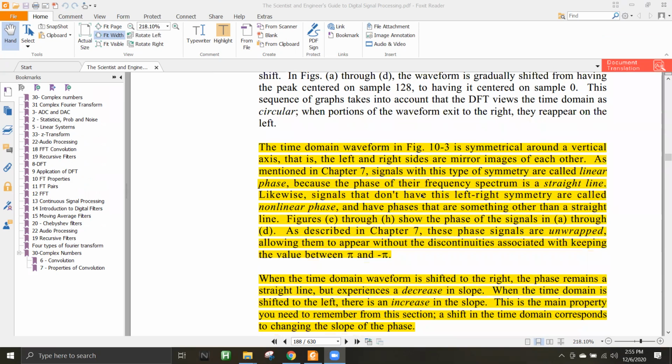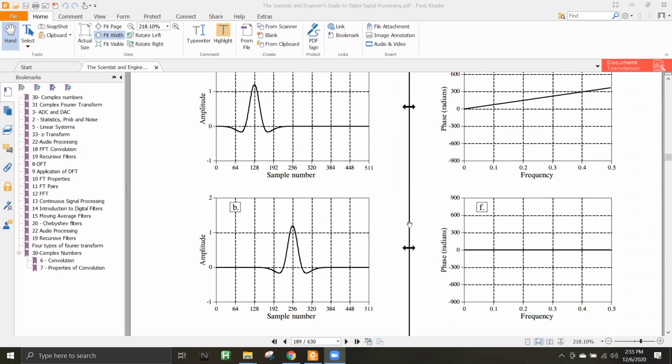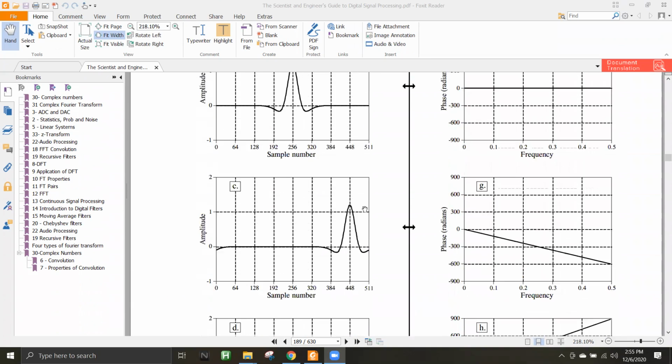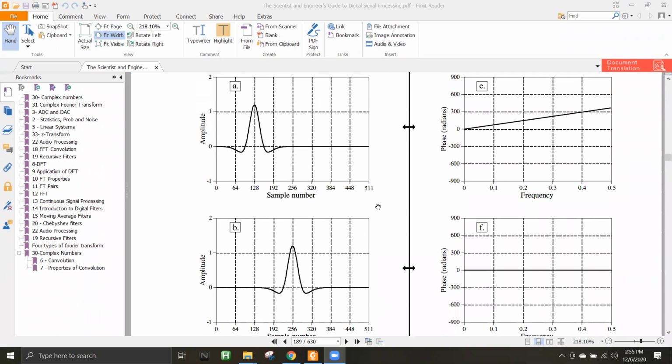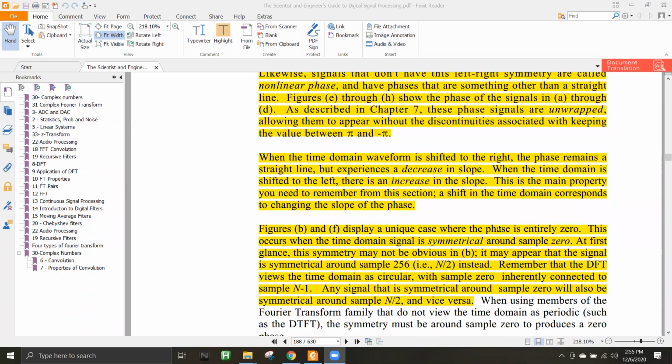Notice that in figure 10.3, the time domain waveform is symmetrical around the vertical axis. So this is the figure that they are talking about. We'll be using this figure for showing some examples now, so pay attention to this particular figure from here on.